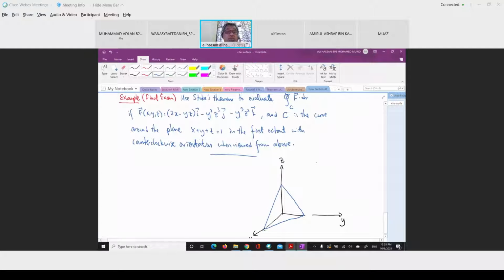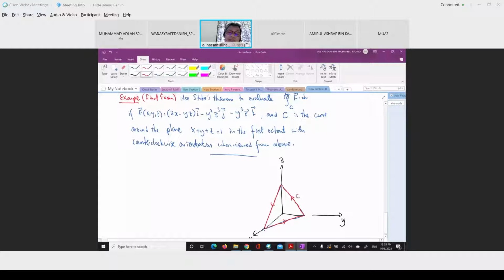The boundary of the plane, the curve C, is this red curve here. When viewed from above, it is in the counterclockwise direction.